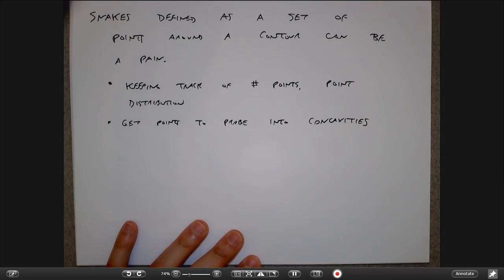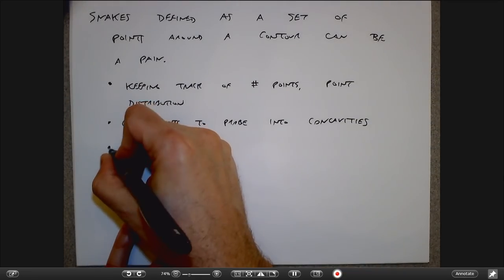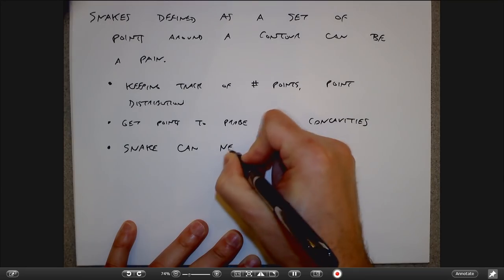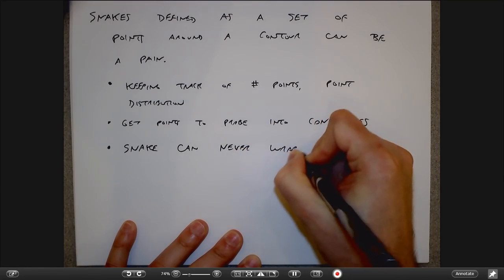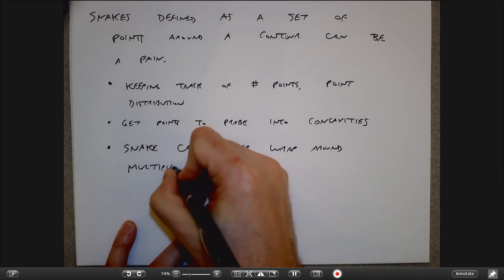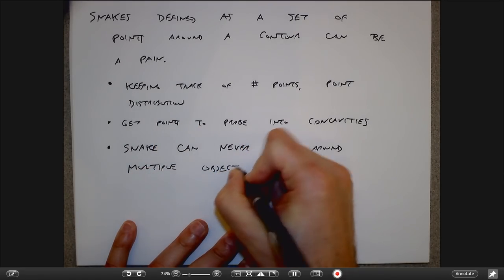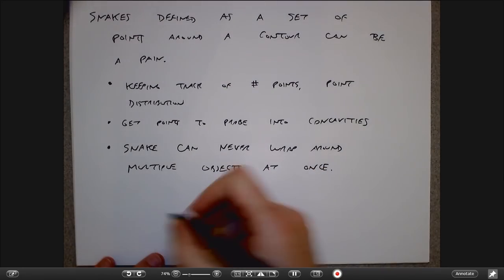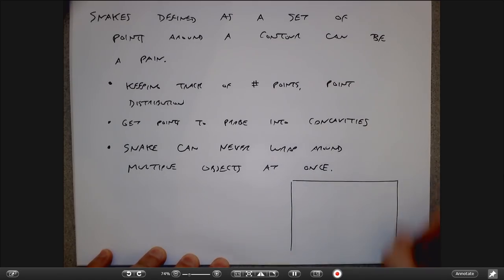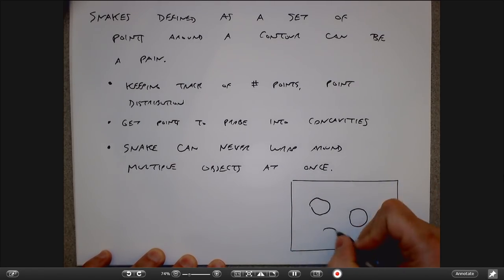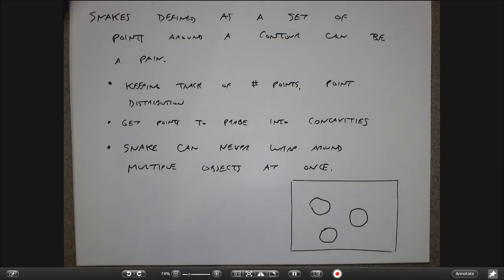The other thing is that a snake, as defined, can never wrap around multiple objects at once. For example, suppose I was a biologist and I wanted to segment a bunch of cells on a plate, all of which had basically the same foreground to background intensity difference.